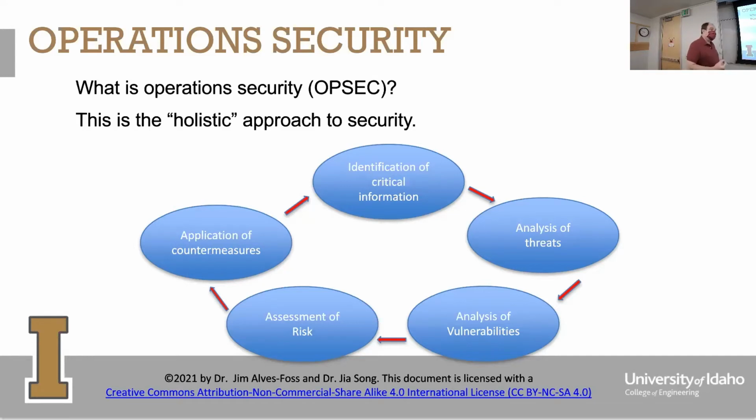Now, there's a concept people have in terms of doing this type of work called analysis paralysis. People will spend a month, 2 months going through this in really rigorous detail. I'll identify my critical information, figure out all these threats, analyze my system vulnerabilities, assess the risk, and then they stop and say, okay, we're going to apply these countermeasures.